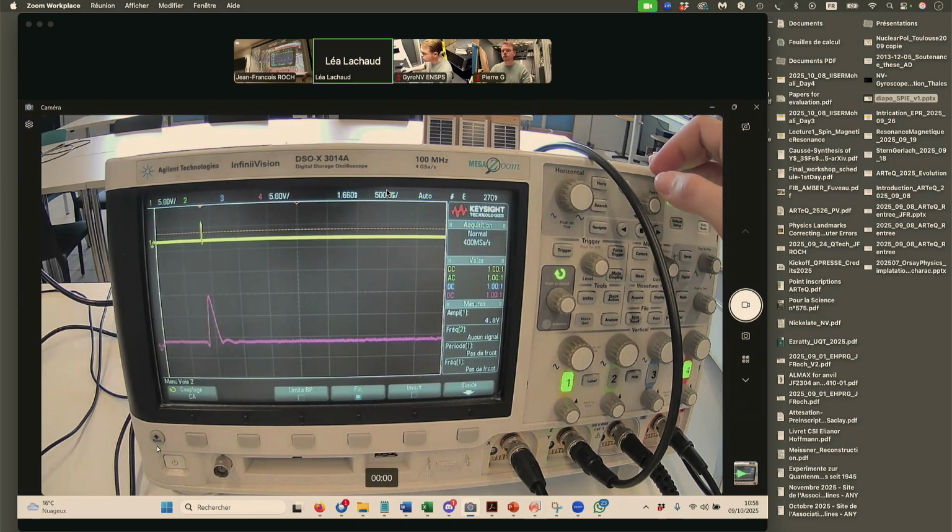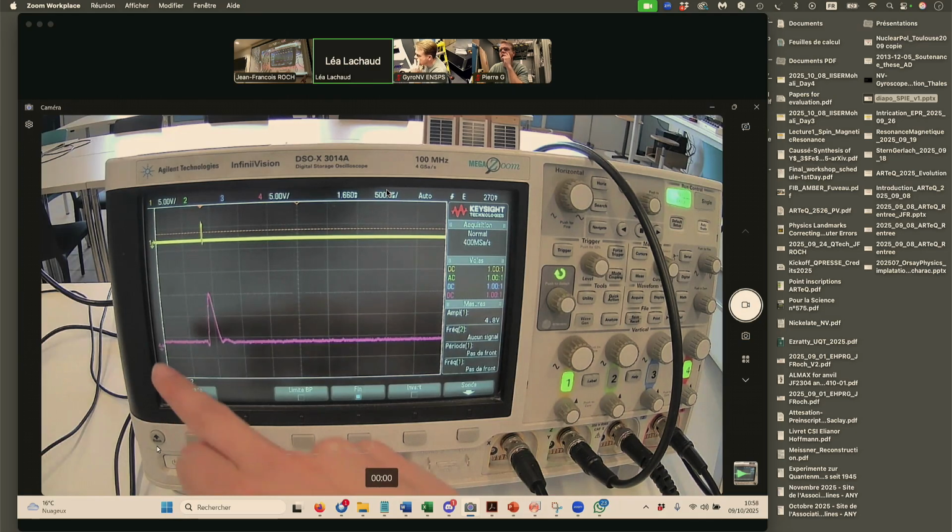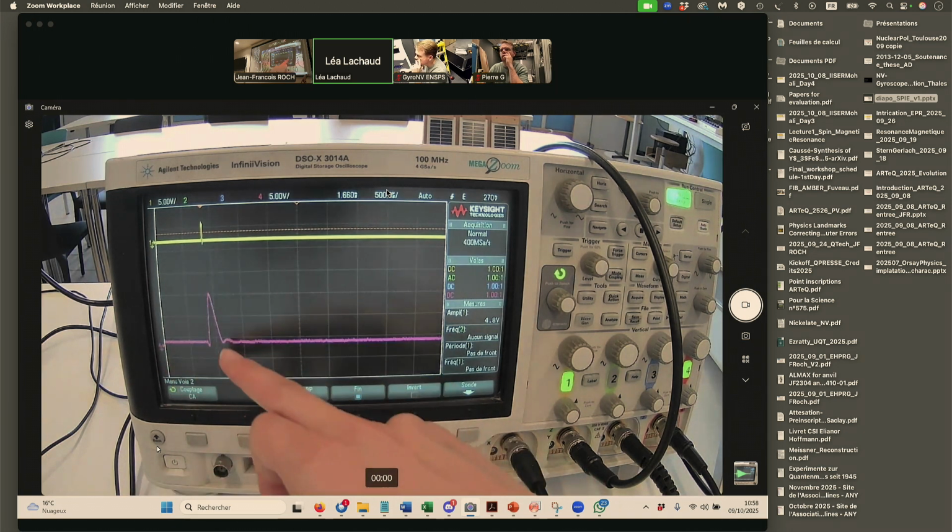Okay, so if I want to observe Ramsey fringes, I need to do a sequence of two pi-half pulses. You have seen that, right? Yes. Jean-François? Yes. Okay. So one pair of two pulses and another pair of two pulses. Absolutely. And when we do a pi-half pulse, we want to have a maximum response of the spins, right?